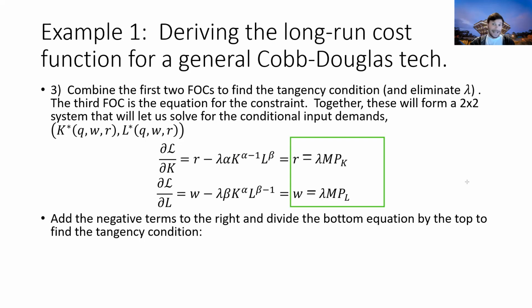Next step, to get rid of the lambdas, I'm going to divide the top equation by the bottom equation. Hopefully you see that when we do that, the lambdas will cancel. On the left-hand side, we'll have W over R, or R over W, and on the right-hand side, the ratio of the marginal products.